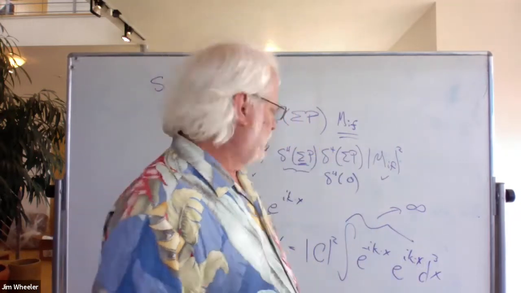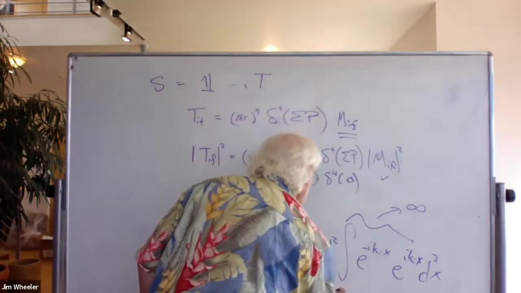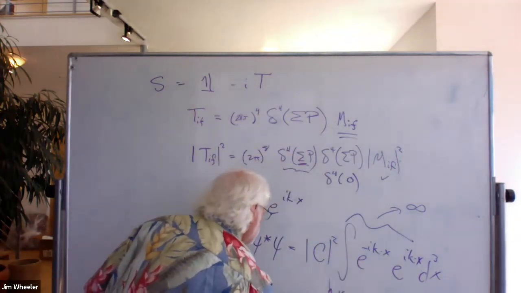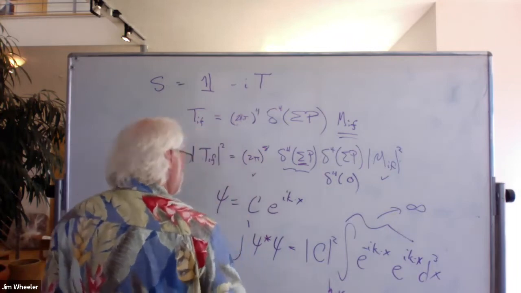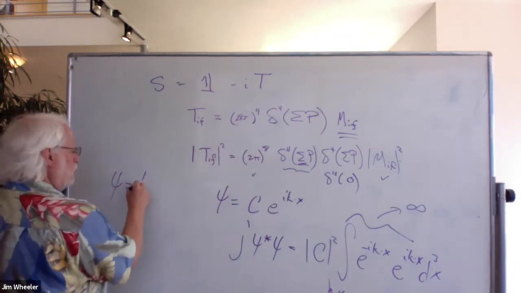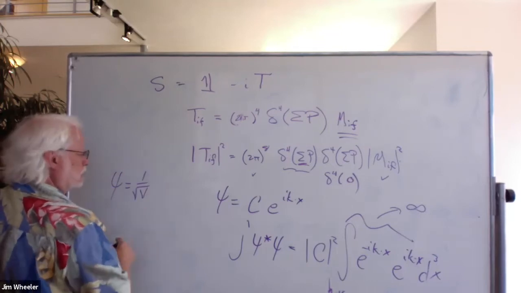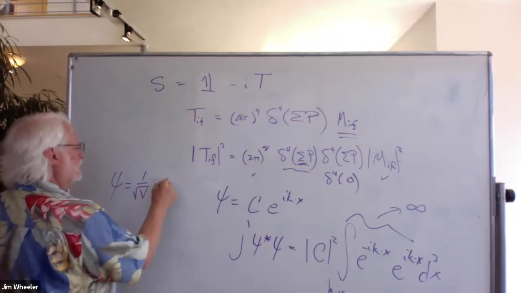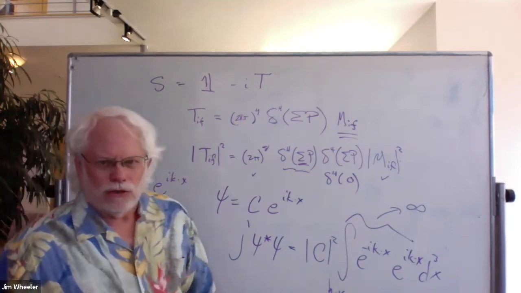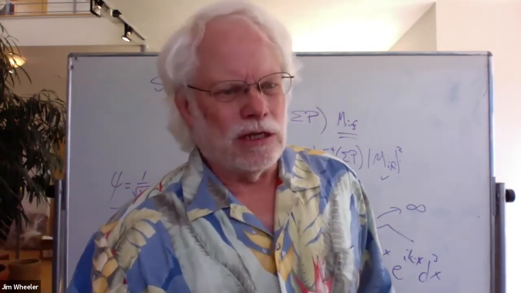Now, if we restrict to a box, then this just becomes the volume of the box times c squared. And we can normalize within the box, let psi be 1 over the square root of the volume of the box, e to the i k dot x. And now within the box, that is fully normalized.